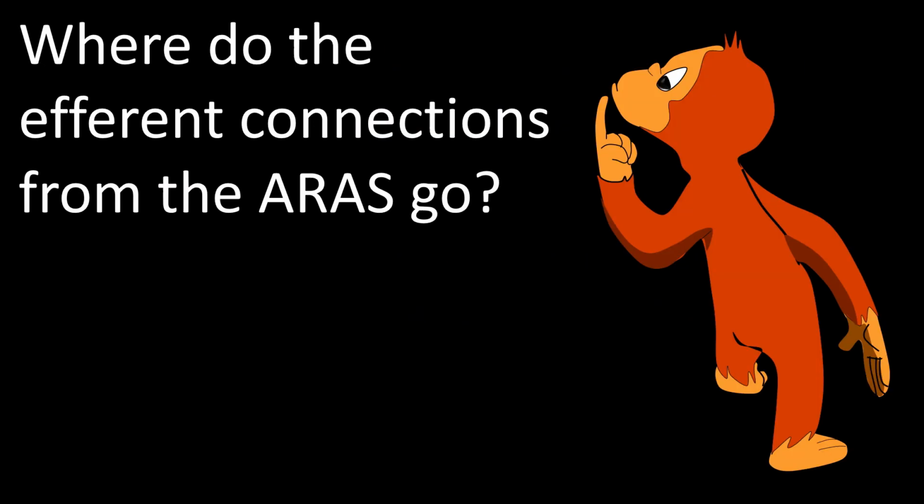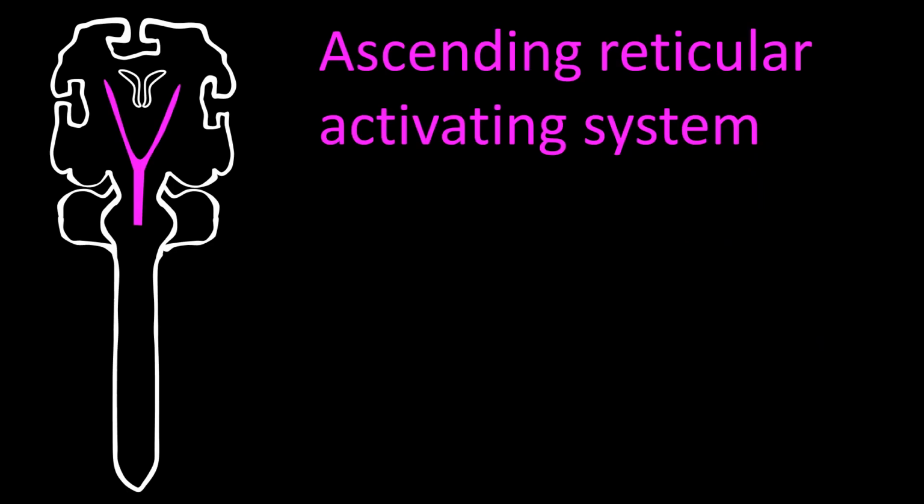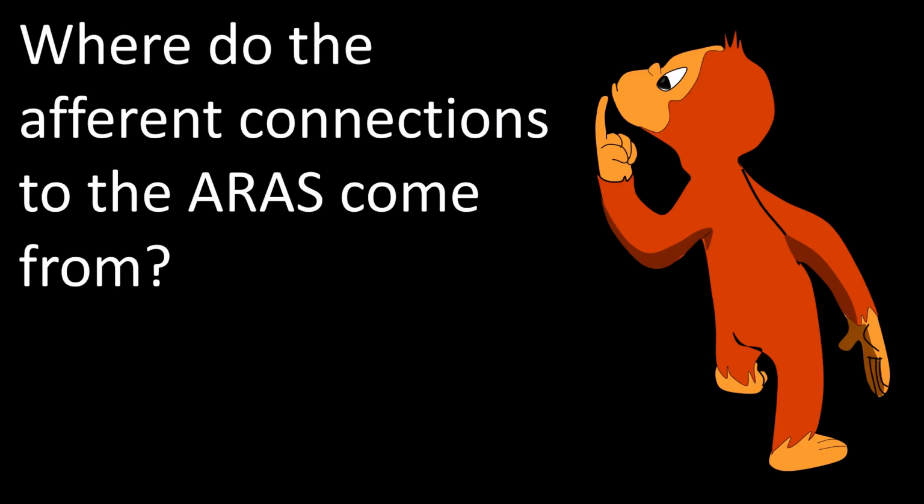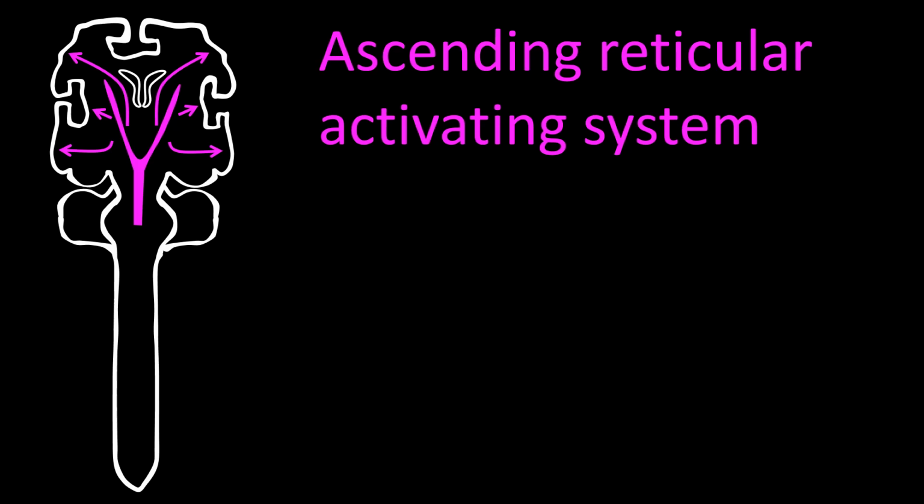Where do efferent connections from the ascending reticular activating system go? From our previous discussion, you can guess that the efferent connections go to the cerebral cortex. Where do the afferent connections to the ascending reticular activating system come from? The afferent connections come from the spine, the brain stem, and from the cerebrum.